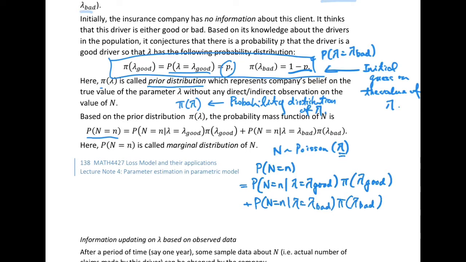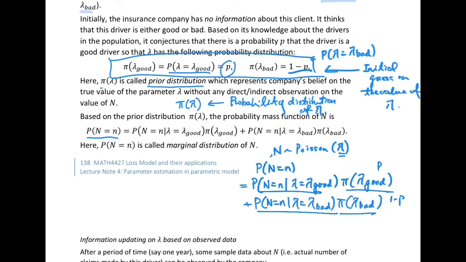Okay, so given this probability, and you also know that N follows a Poisson distribution, once lambda is fixed, you can also calculate this probability.